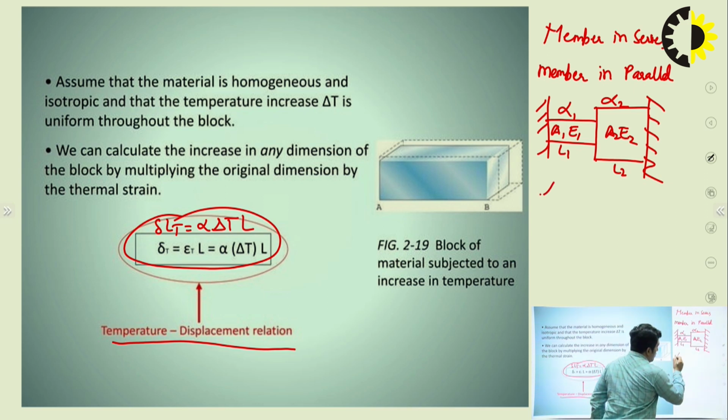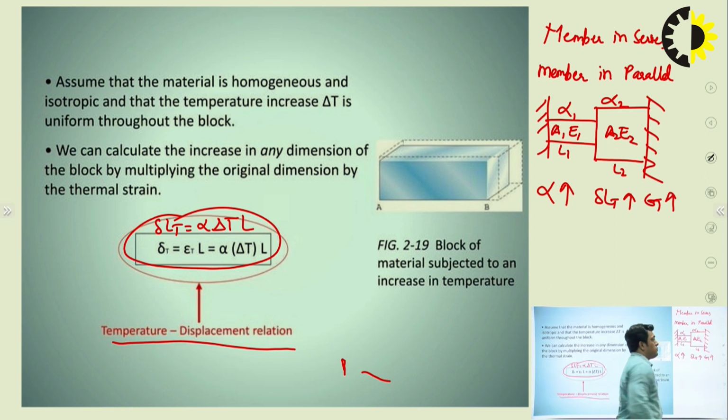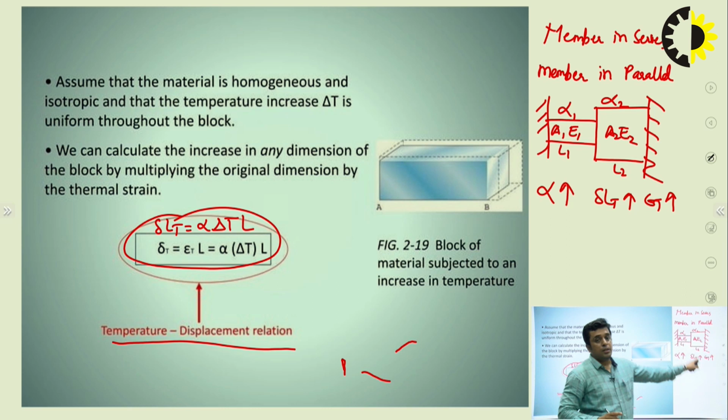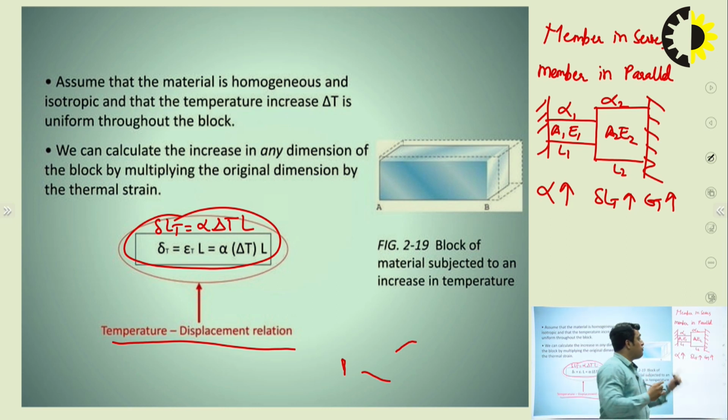Always remember, if alpha is increasing, then change in length will always be increasing, and then thermal strain will also be increasing. Now, both the members connected in series are fully restricted.